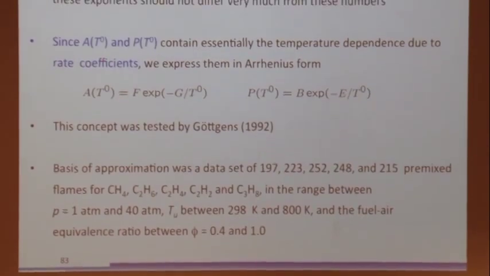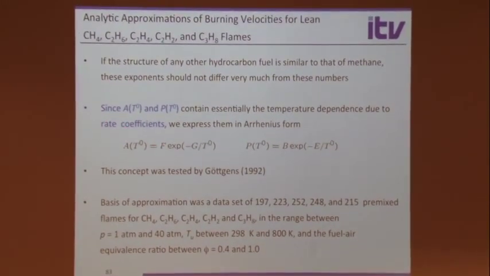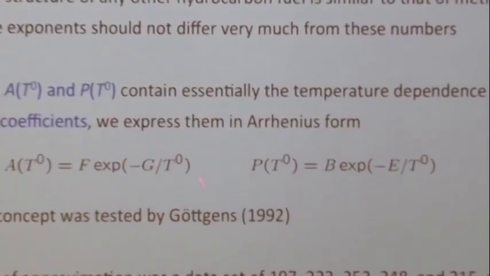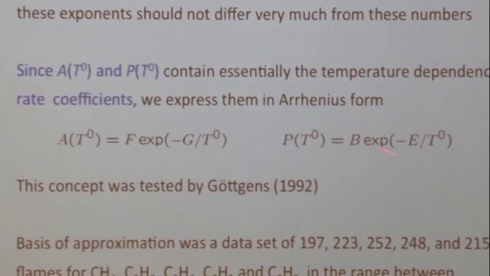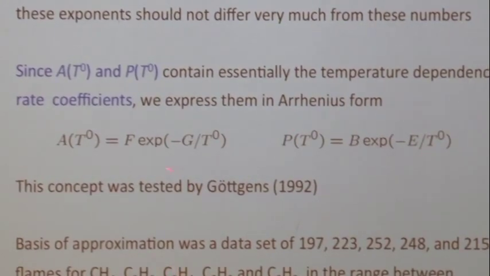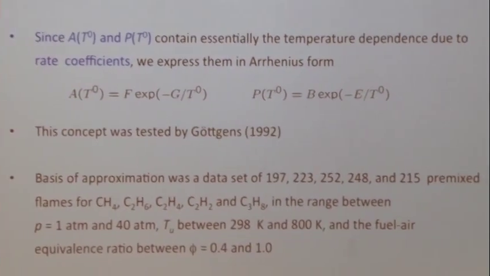And then A has these kinetic rates, so A should be fitted as an exponential function of T naught, because that's the most important temperature in the inner layer. This also depends on kinetic rates, so we do the same here. So now we have F and G and B and E and N and M.